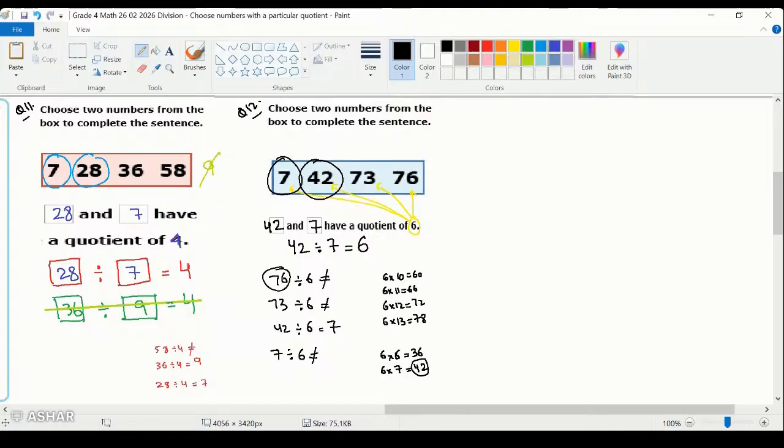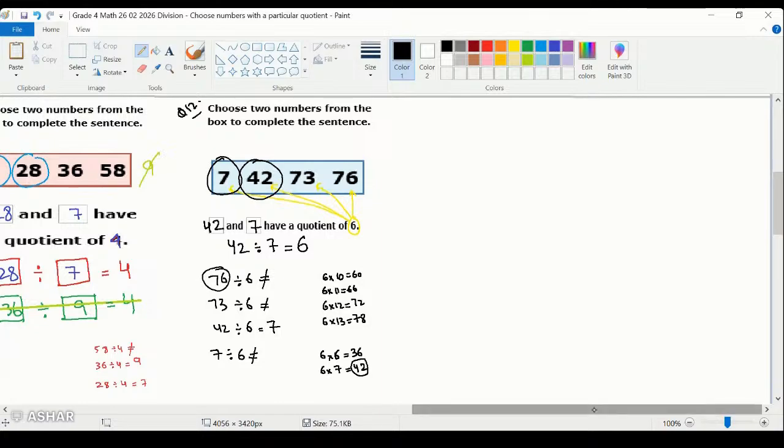Let's have a look at another example. Question number 13 says the given numbers are 5, 6, 9, 39 and 54.